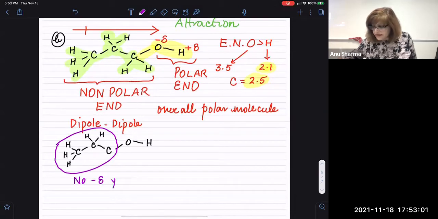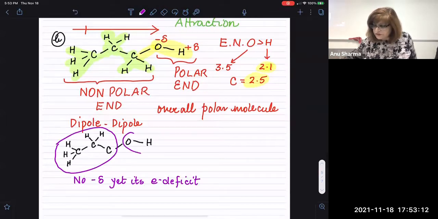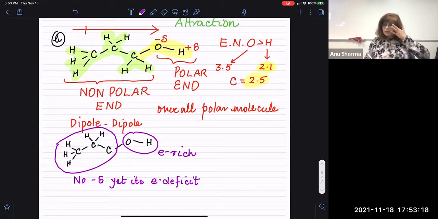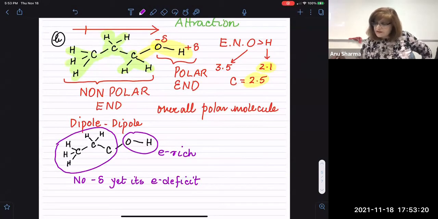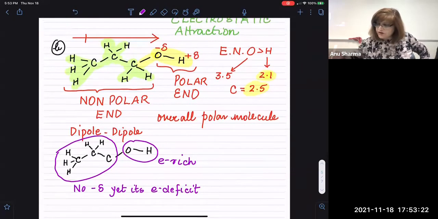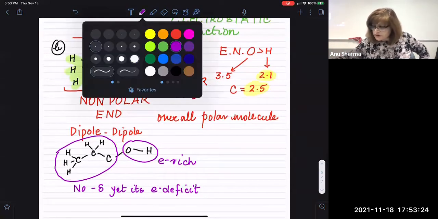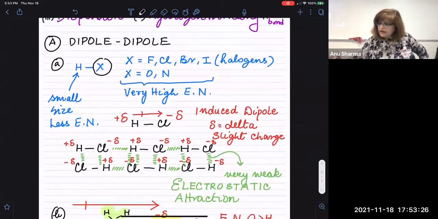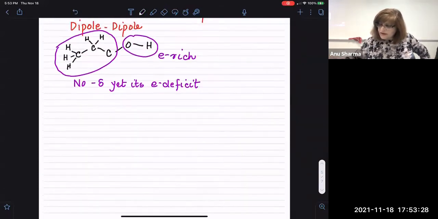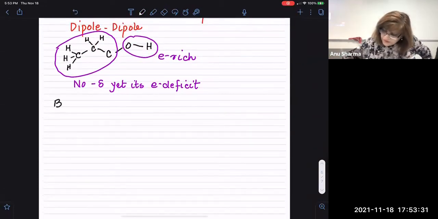Yet it is electron deficient in comparison to this side, and this side is more electron rich. That is the dipole in this molecule. We will discuss this more, because other forces are also playing a role here. Anyway, let's look at the next one, which is dispersion.